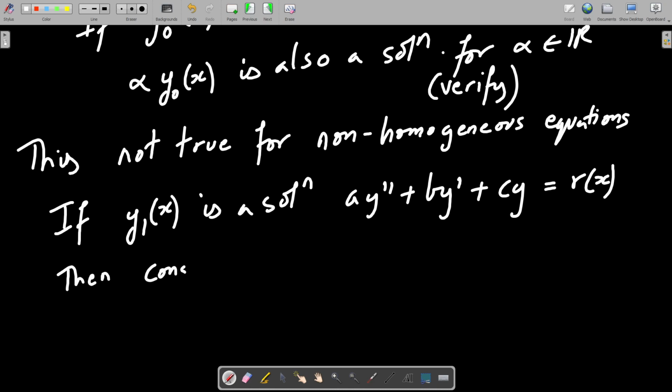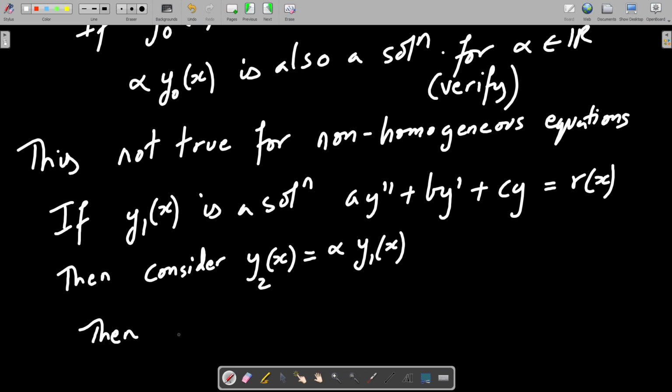consider y2 of x to be equal to some scalar multiple alpha times y1 of x. Substitute this here: a y2 double prime plus b y2 prime plus c y2.